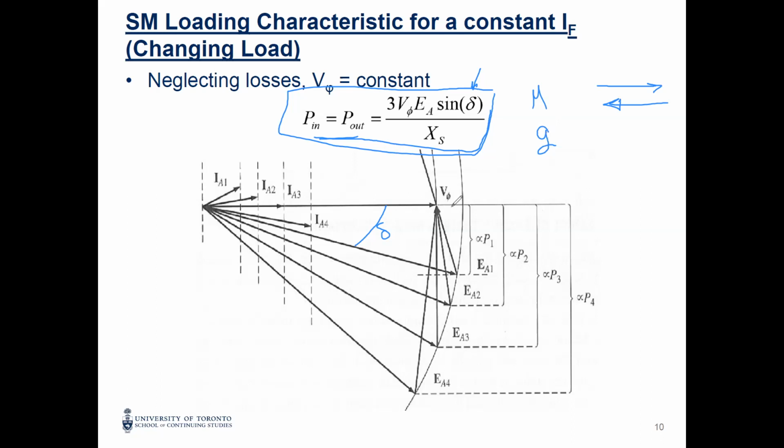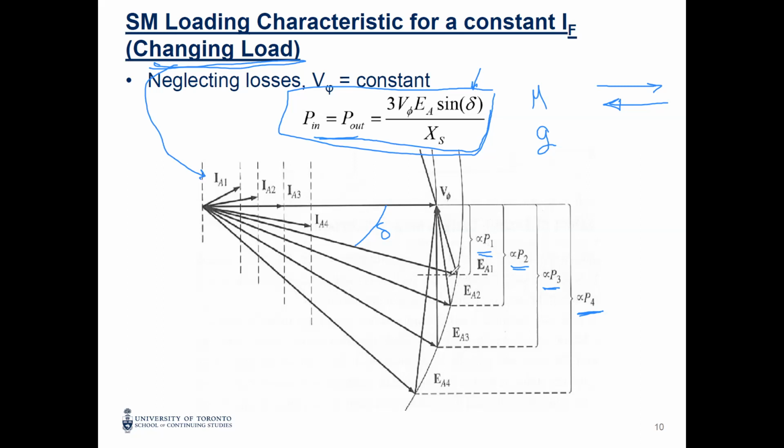So you can see something interesting here. You are changing the load, which means you are changing the current. You can even change the power factor of your load. You have different powers. Of course, the largest power is number 4. This one is less, until you reach P1.